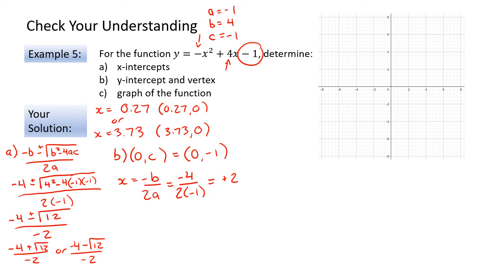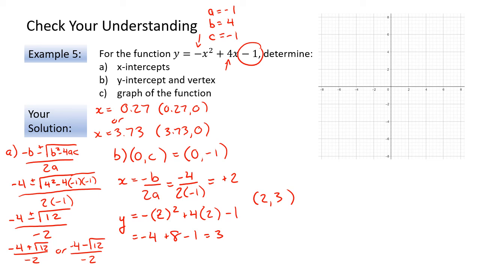Substituting that in to solve for the y-coordinate, y is equal to negative 2 squared plus 4 times 2 minus 1. So we end up with -4 plus 8 minus 1, which is 3. So our vertex is 2 and 3.